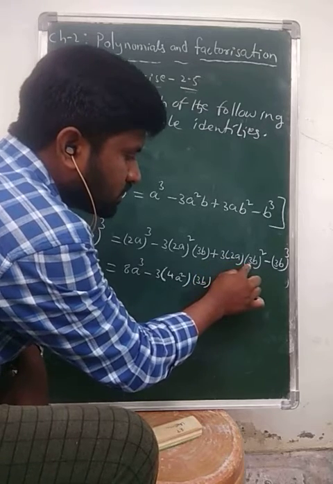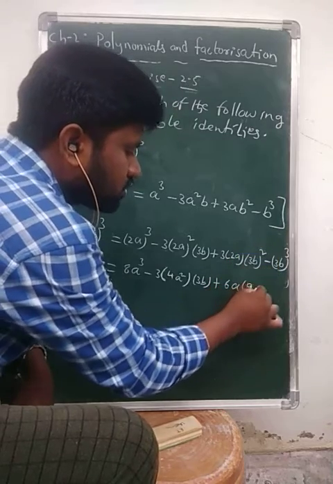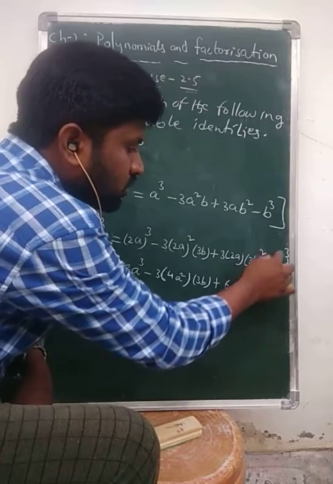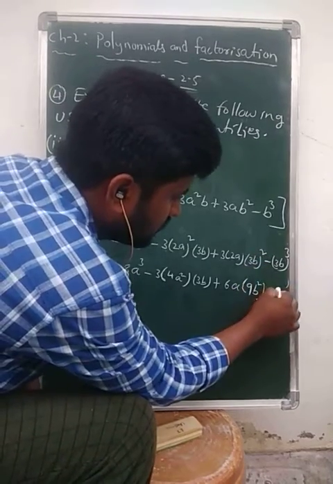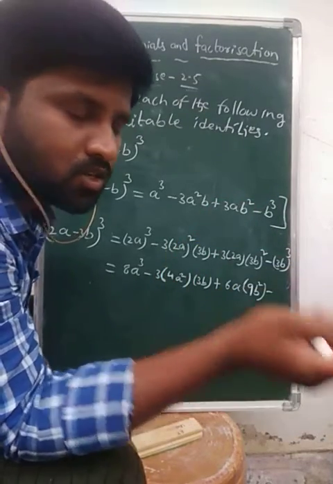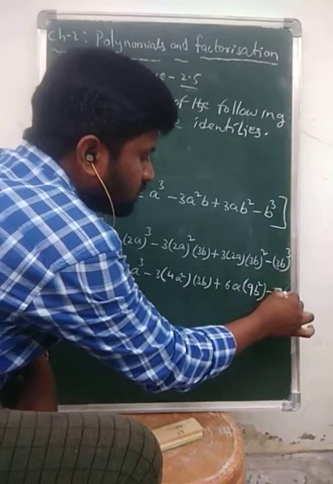Here (3b) whole square means 3 square means 9, b whole square means b square. Okay, minus (3) whole cube means 3 cube, 3 ni 3 times multiply cheyandi. 3 3s are 9, 9 3s are 27, that is 27 b cube.